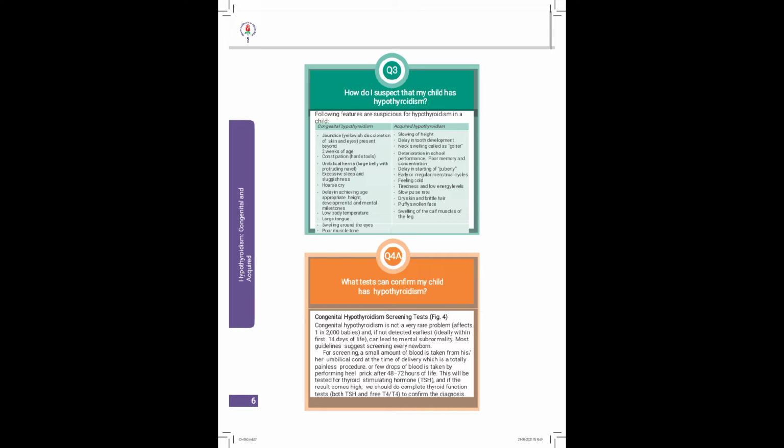Now, how can we confirm, or what are the tests available by which we can know that there is hypothyroidism in children? First of all, to detect congenital hypothyroidism, there is a screening test available.